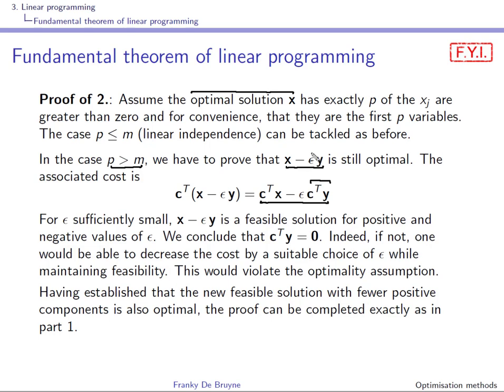If we choose the right epsilon as shown in the first part of the proof, we'll have a solution with p minus 1 components positive that is still optimal. And as in the first part of the proof, we can repeat this until we find a solution that is feasible, basic, and also optimal. This completes the second part of the proof.